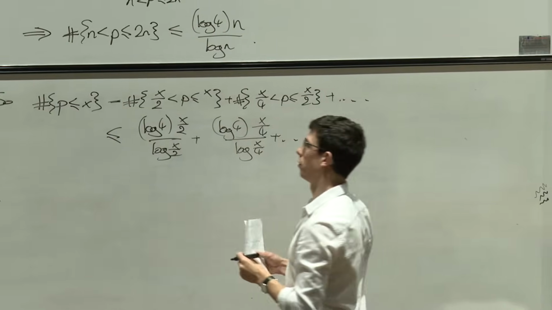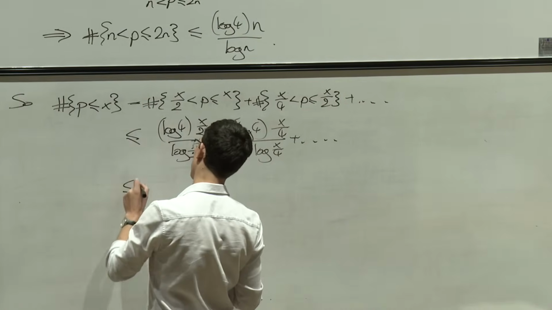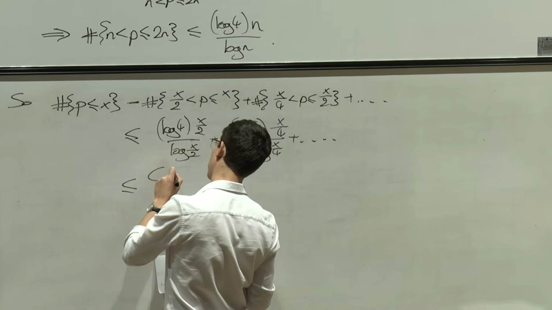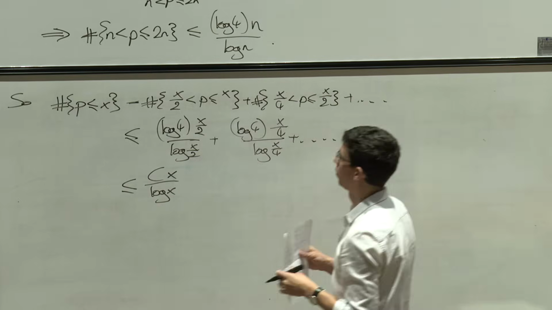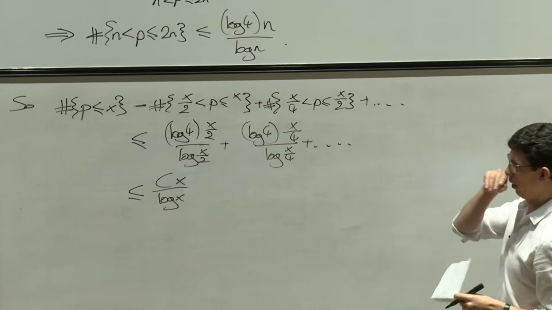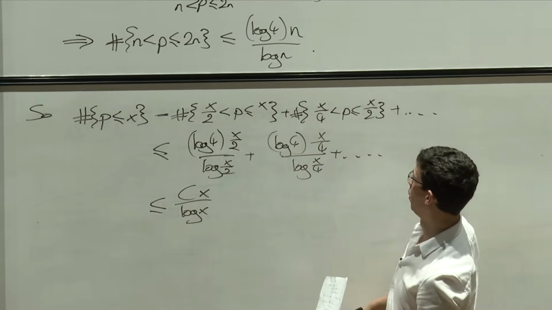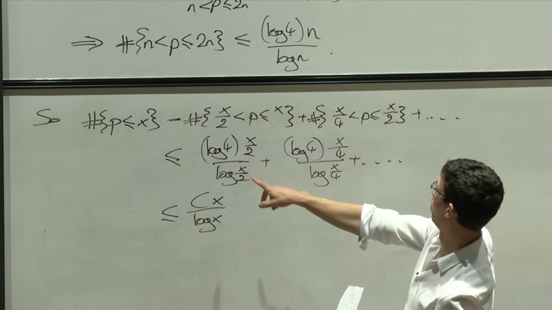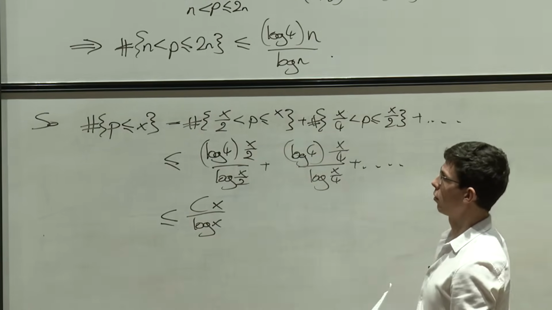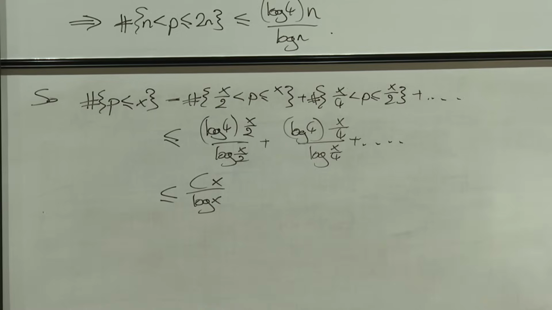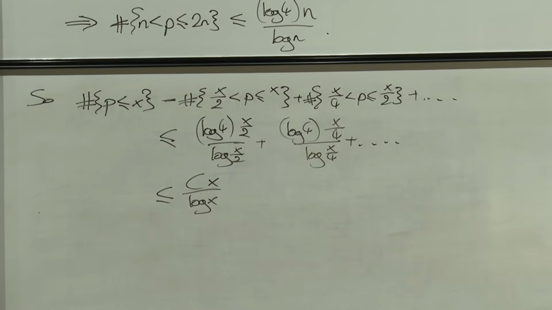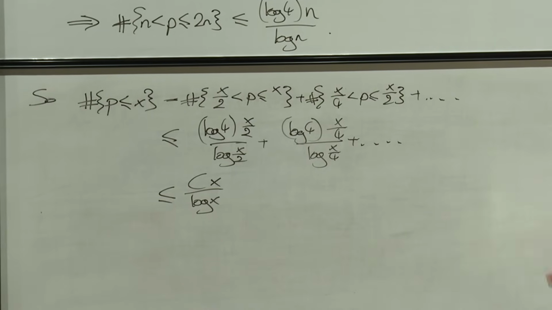And this series converges, and this is bounded above by some constant times x over log x. Essentially, when x is large, this is given a constant that's maybe just log 4. And so this has proven our result here.